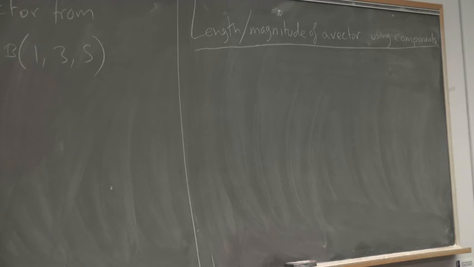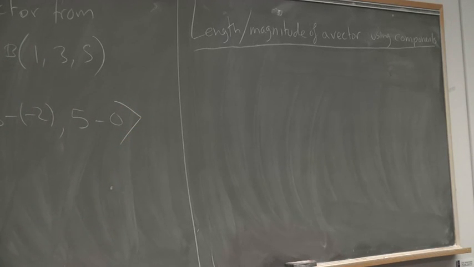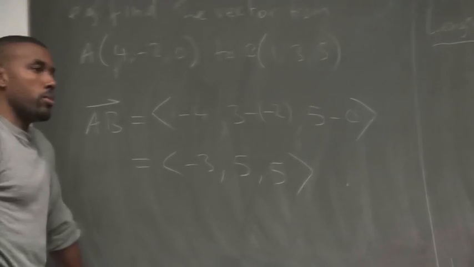I'm going to take final minus initial. 1 minus 4, comma, 3 minus a minus 2, comma, 5 minus 0. So the vector that connects those 2 points is the vector negative 3, 5, 5.